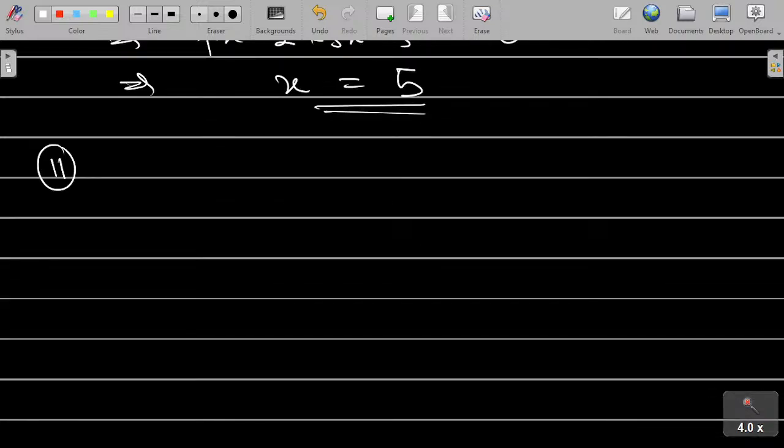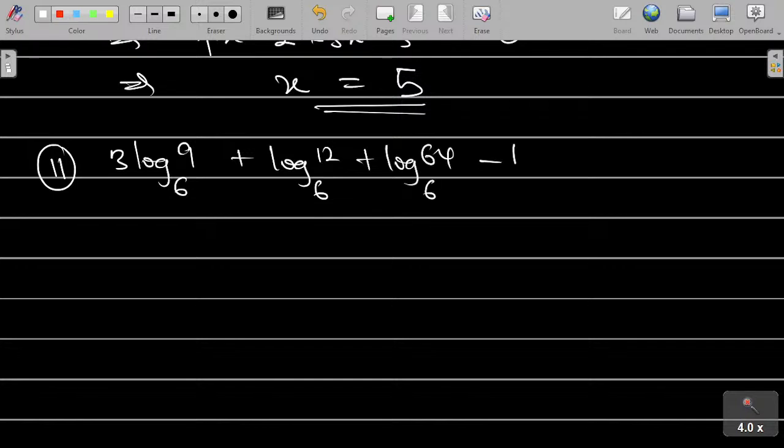So we move over to the next, which is now logarithm. So look at 11. It says we should simplify 3 log 9 base 6 plus log 12 base 6 plus log 64 base 6, then minus log 72 base 6.